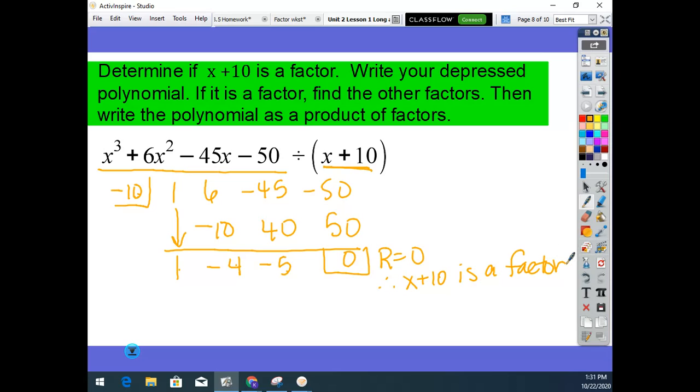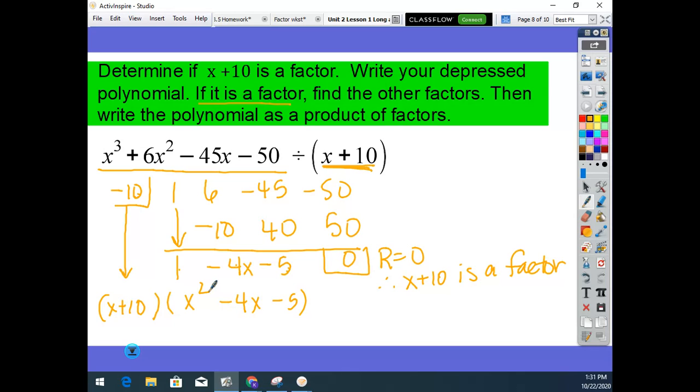Okay, so if it is a factor, find the other factors. So what I'm going to do, I'm going to put my x's back in. So where did this negative 10 come from? X plus 10. Now, this is my constant. This is my x. This is my x squared.